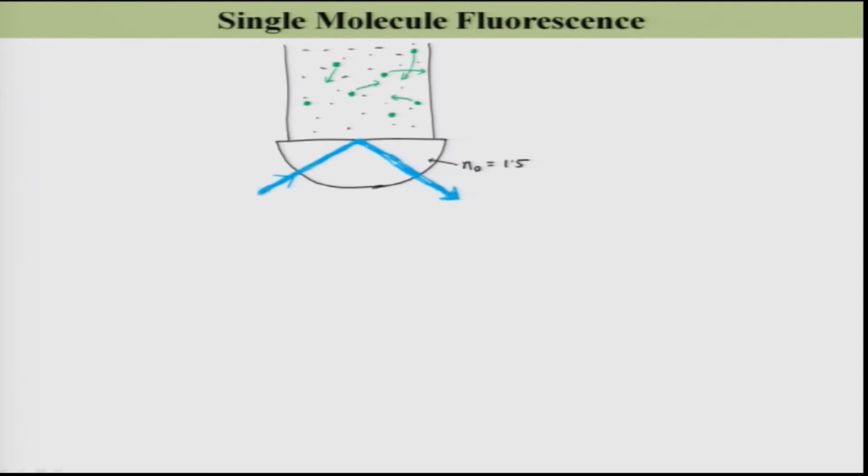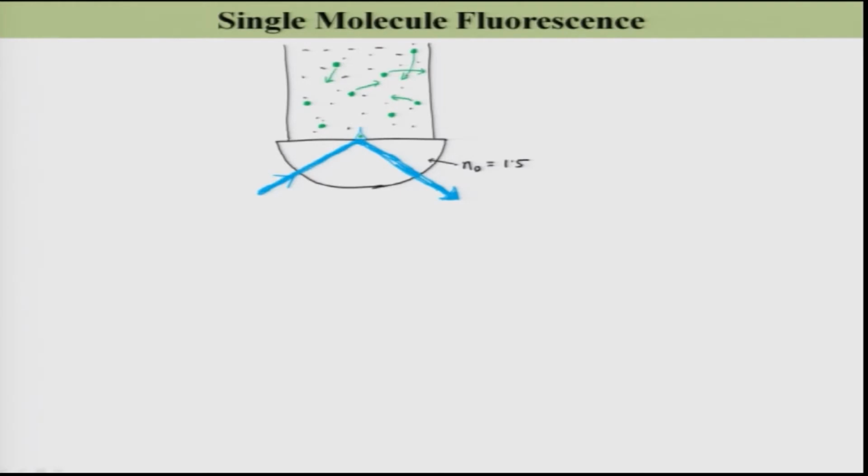And what you have? You have created this evanescent field like this, right. So, only when your fluorophores are present here, then only you are going to see the fluorescence, right, because this part of your sample, I mean, there is no one to excite.